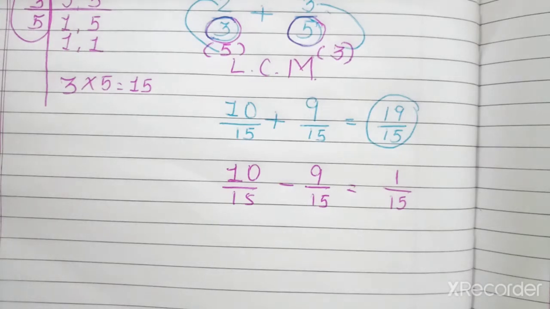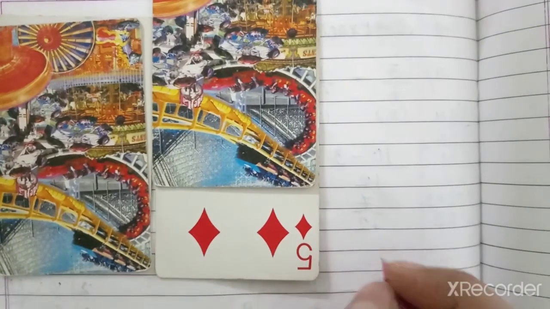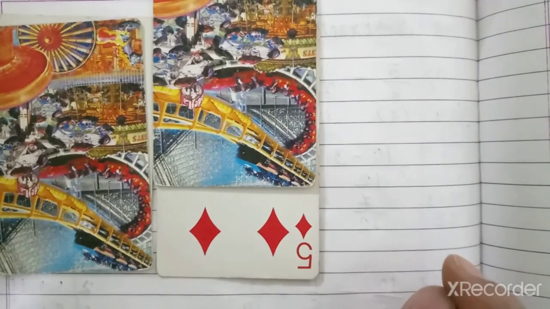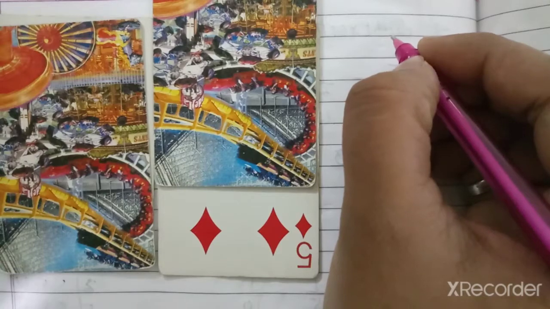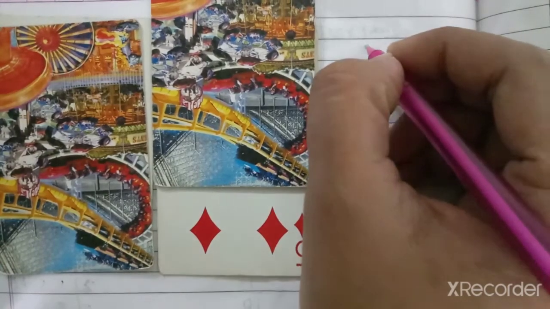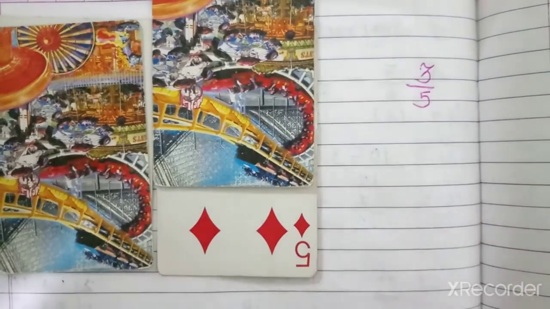Now I will teach you mixed fraction sums. Now here 2 cards are there. I place 2 cards here. This you know the answer. It's how many? 3 or 2? 3 diamonds are hidden. Right, here 3 by 5.